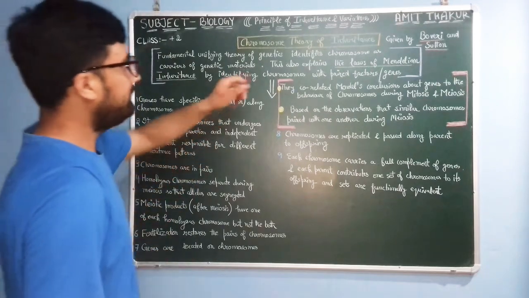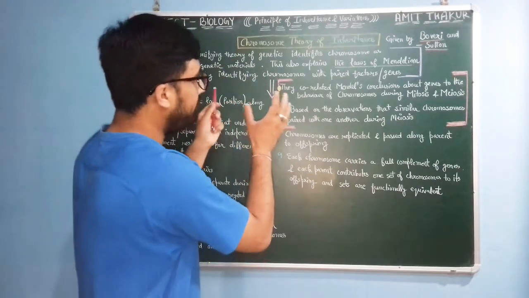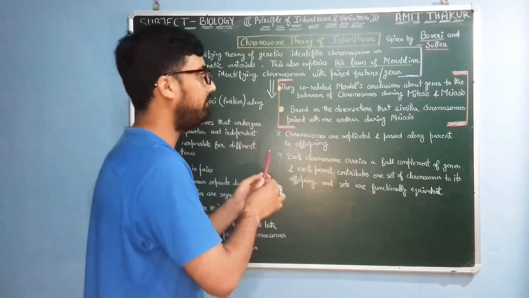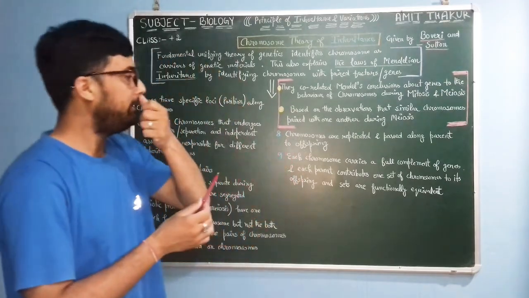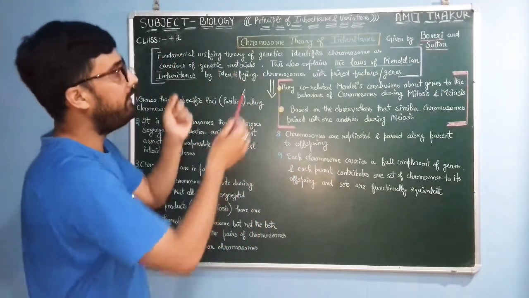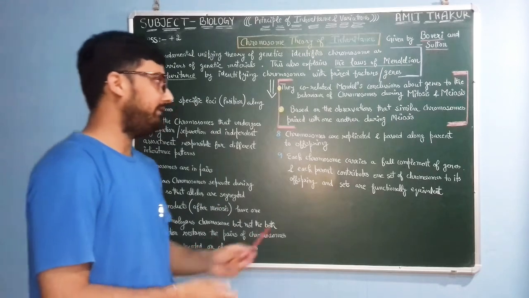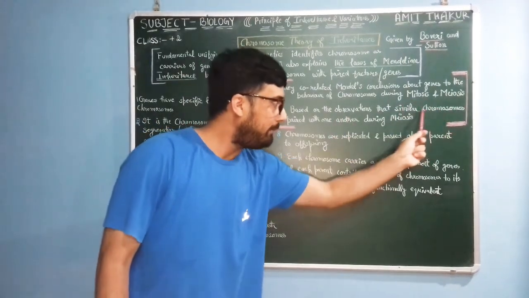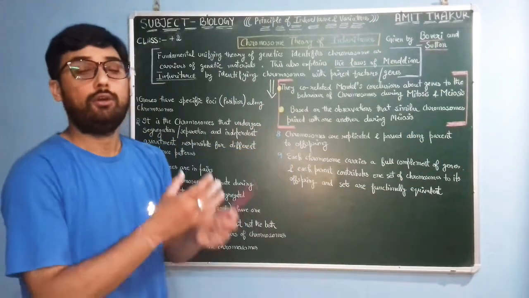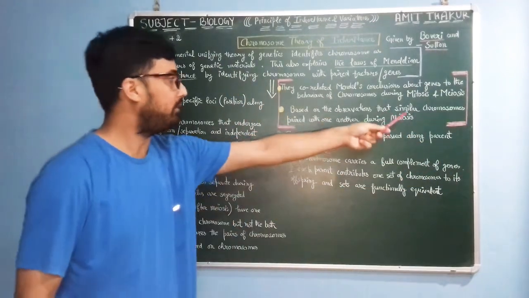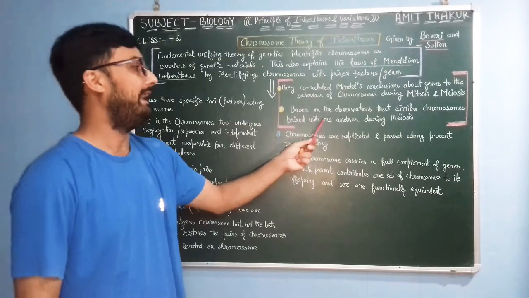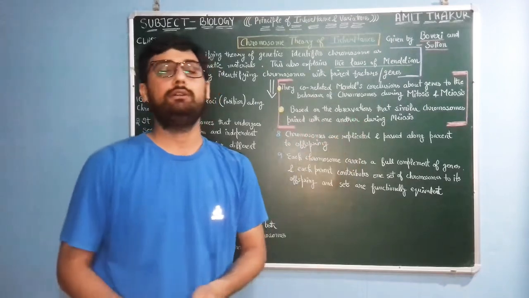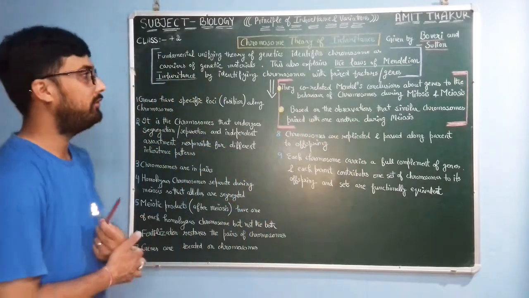The theory was based on the observation that similar chromosomes, or you can say homologous chromosomes, paired with one another during meiosis.